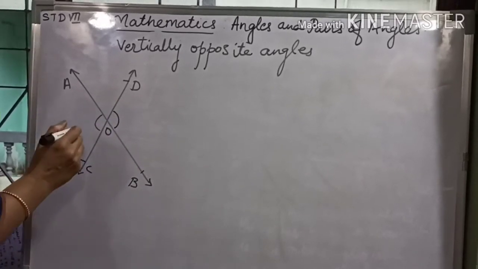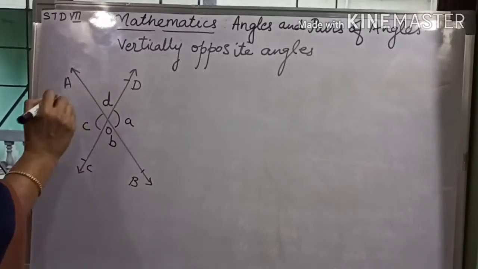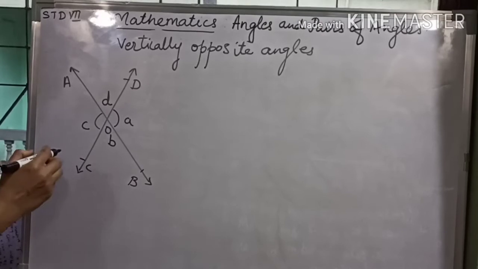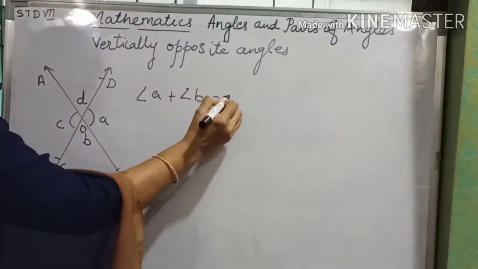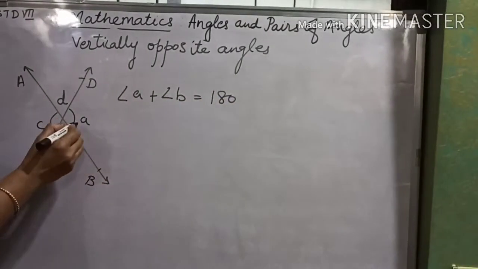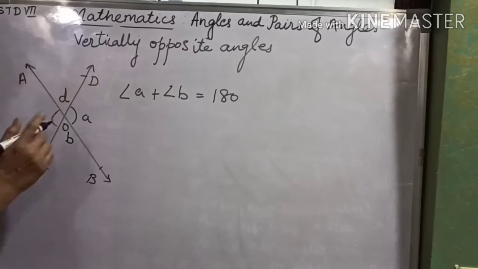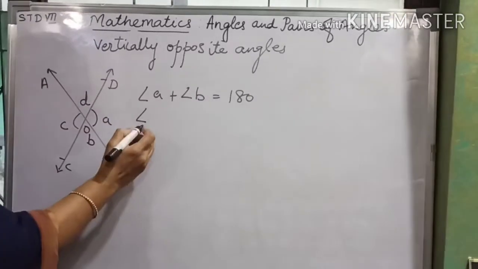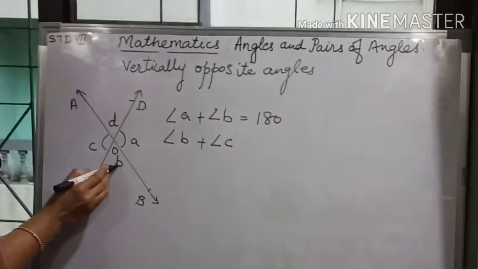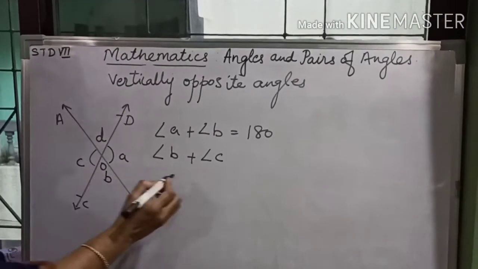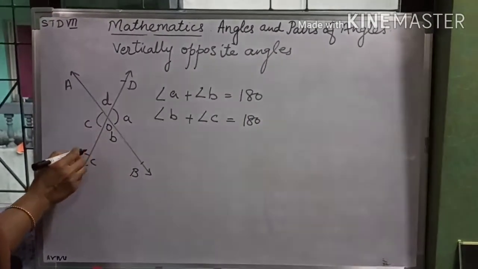Now let us name these angles as A, B, C and D. Now you know angle A plus angle B is equal to 180 degrees, these two angles, because they are angles in a linear pair. Similarly, angle B plus angle C, their sum is equal to 180 degrees. Again, they are angles in a linear pair.